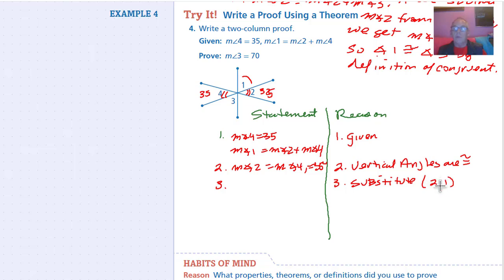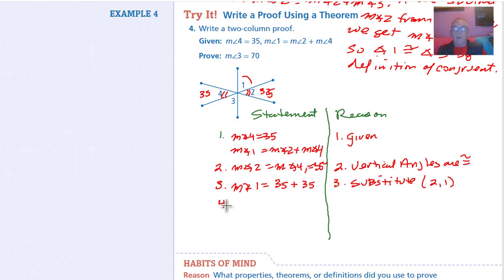So between 2 and 1, we're doing the substitution. And what we're going to then say is that the measure of angle 1 equals measure angle 2, which is 35 degrees, plus the measure of angle 4, which is 35 degrees.